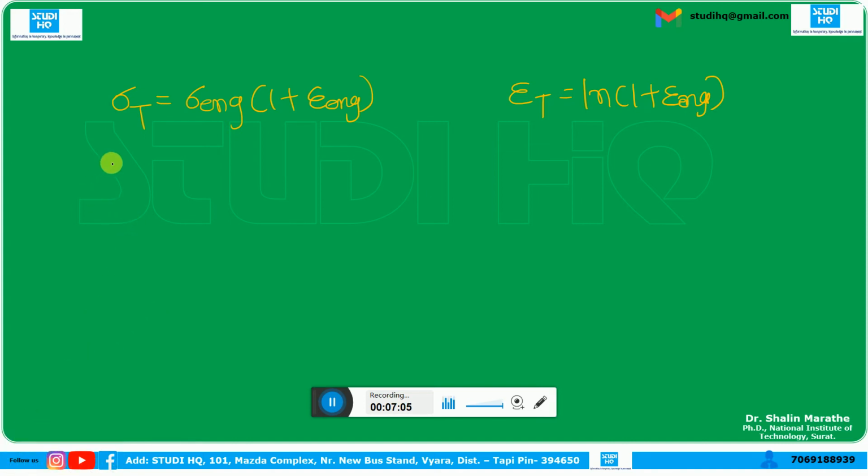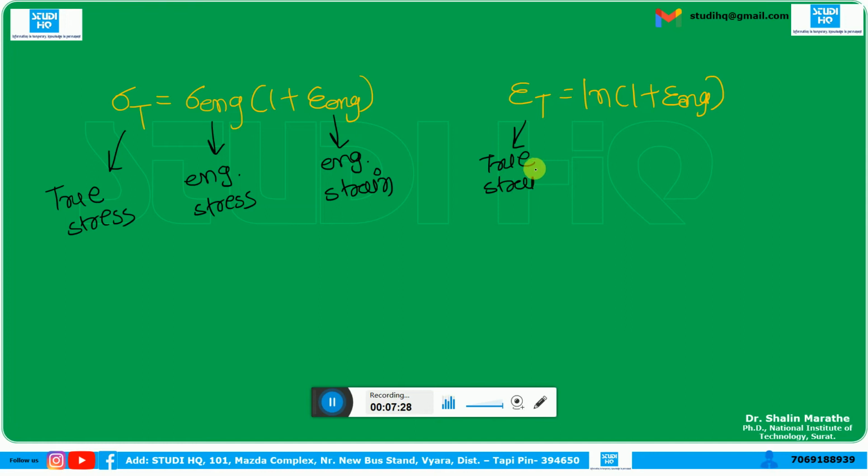In this formula, this is true stress, this is engineering stress, this is engineering strain, this is true strain, this is natural log, this is 1 plus engineering strain.